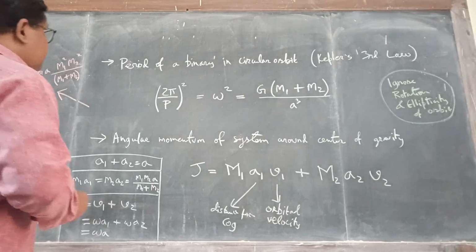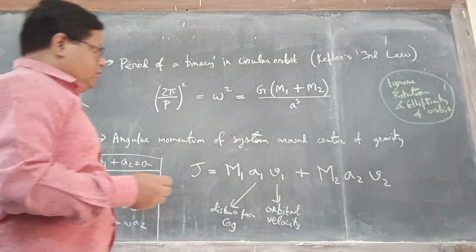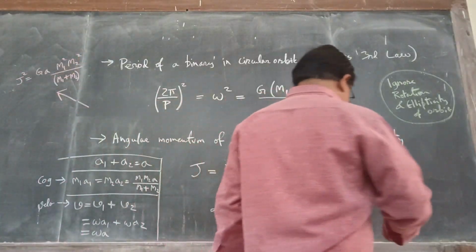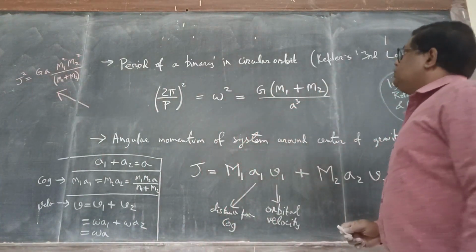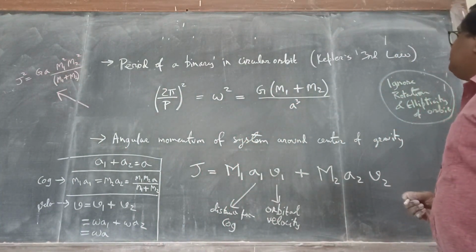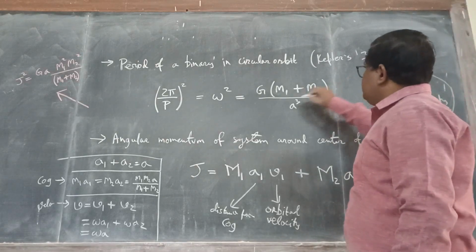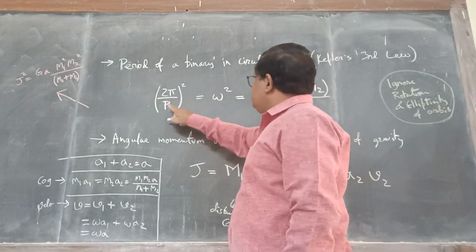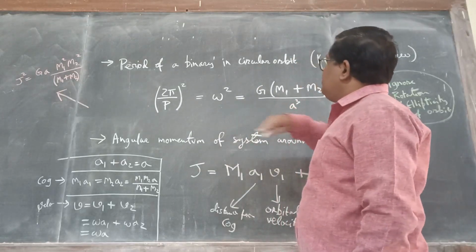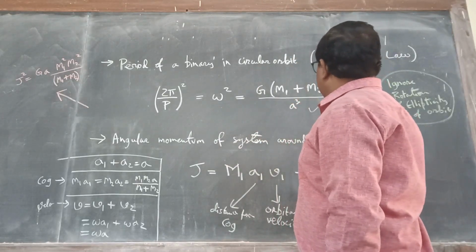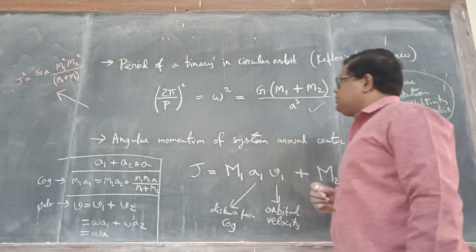Okay, some basic mathematics before we discuss more about Roche lobe. The period of a binary in circular orbit is of course given by Kepler's third law, this one. P is the period, omega is the angular velocity, and this is the expression.